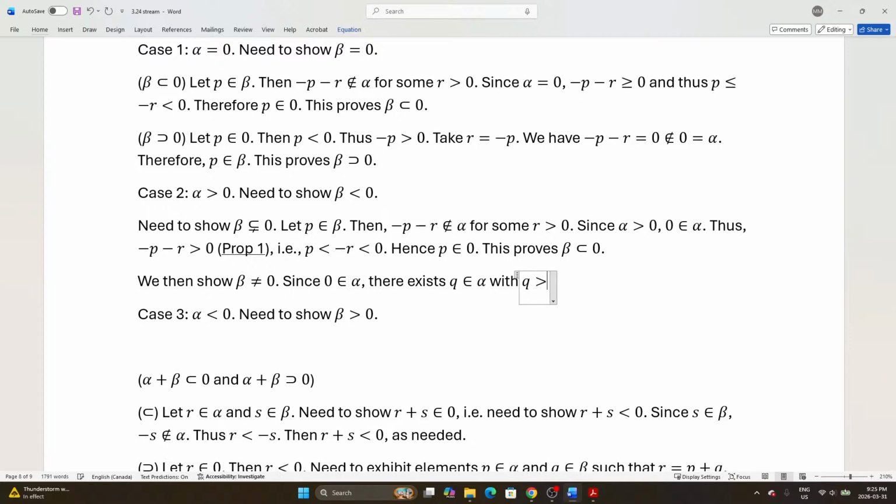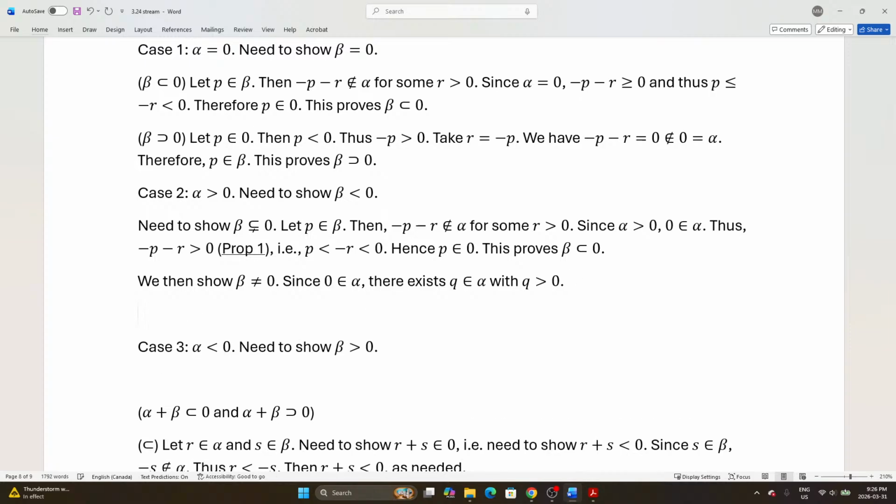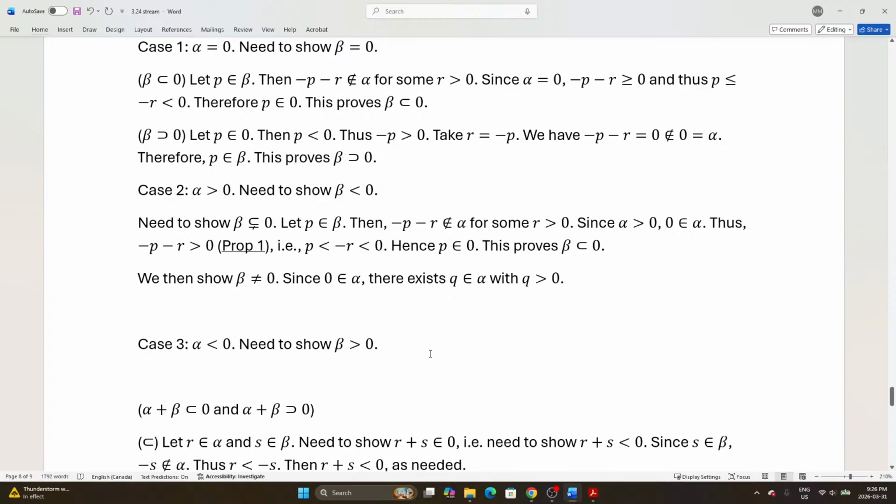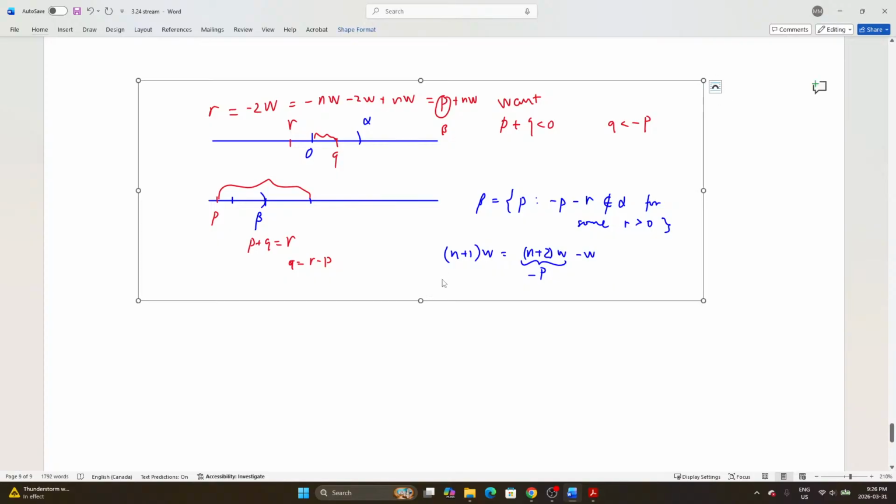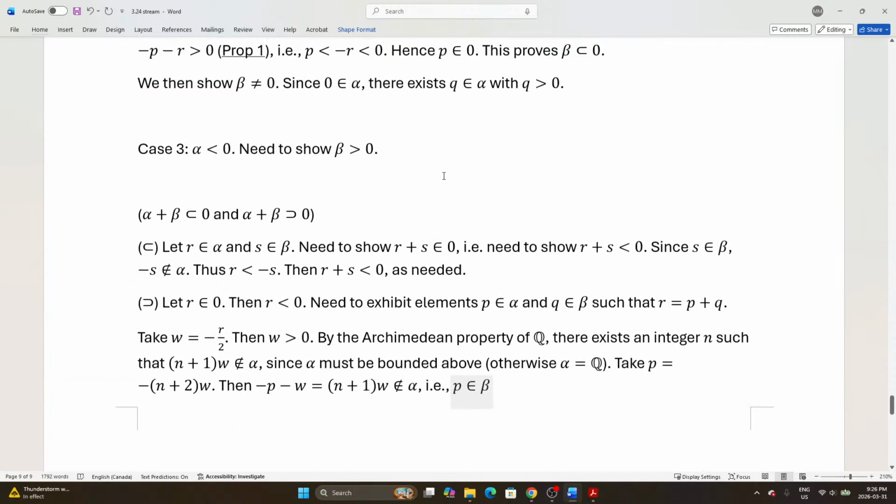I want to show that minus q is not in beta.